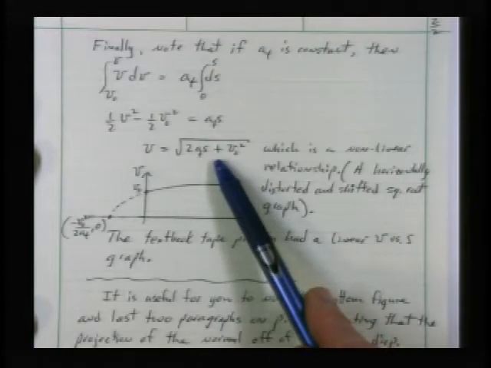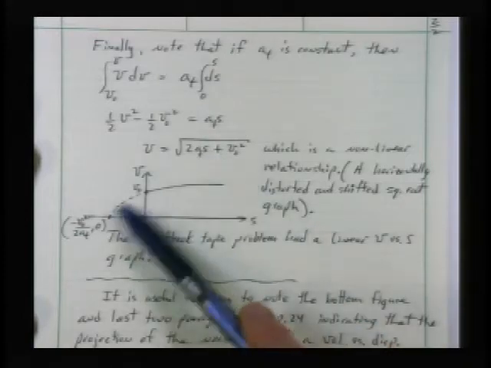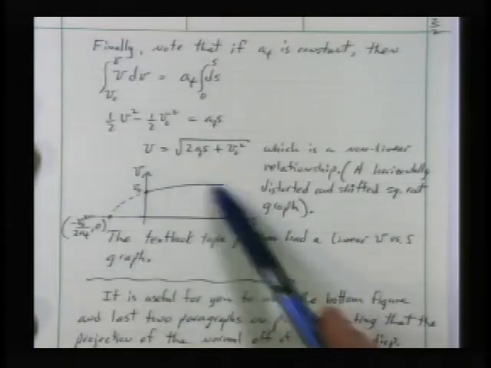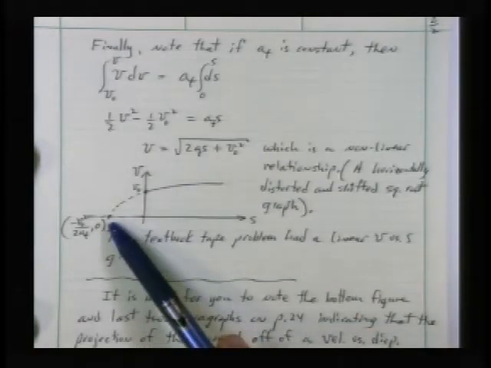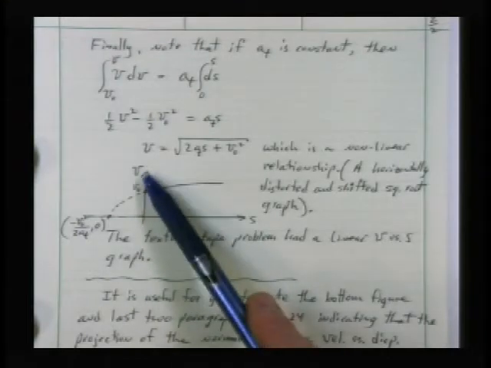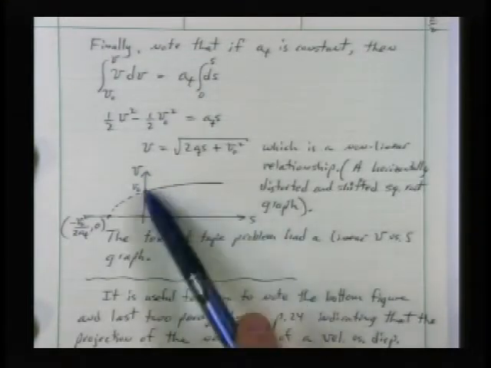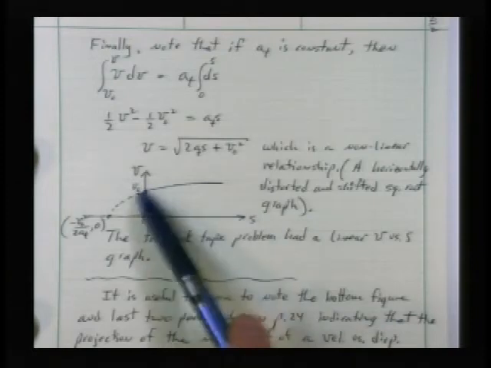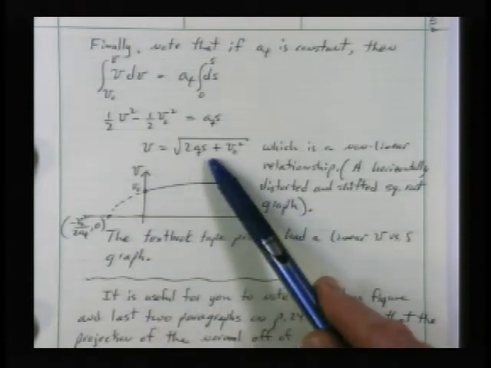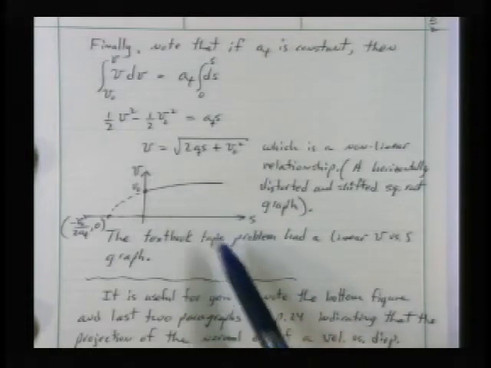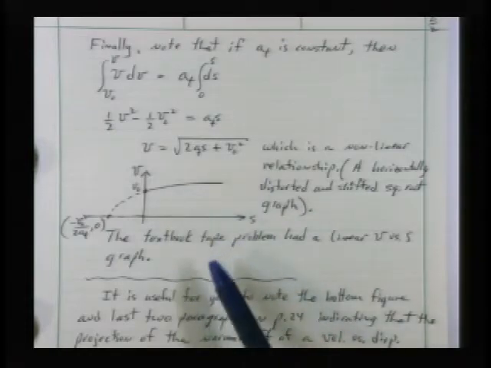It happens to be a square root function that looks like your traditional square root function that's had some distortion applied to it and a horizontal shift. So that graph of velocity versus position would have to track a square root function of this behavior for the tangential acceleration to remain constant.